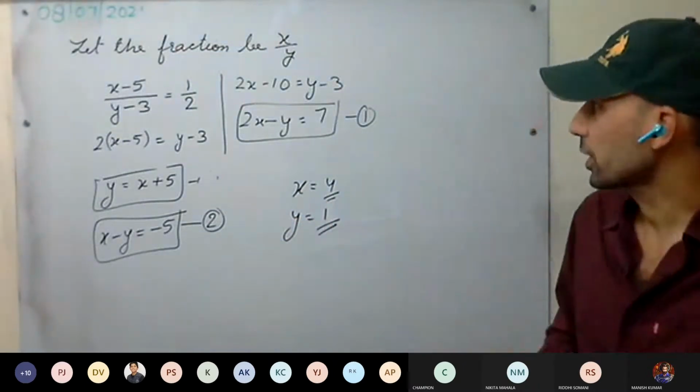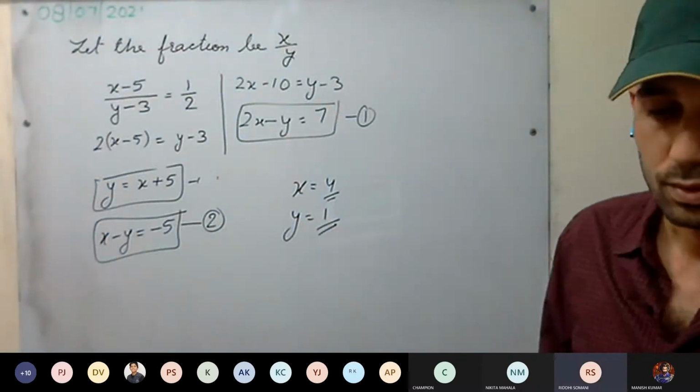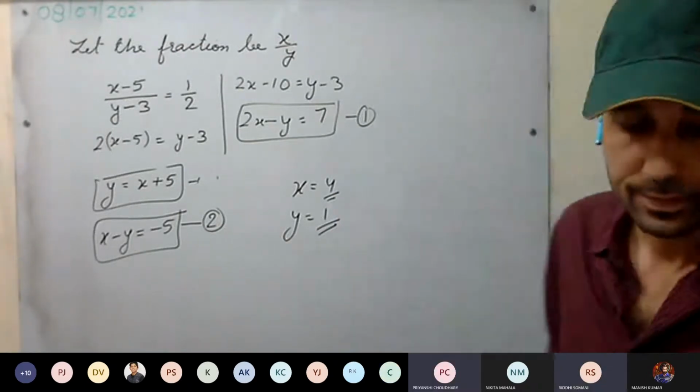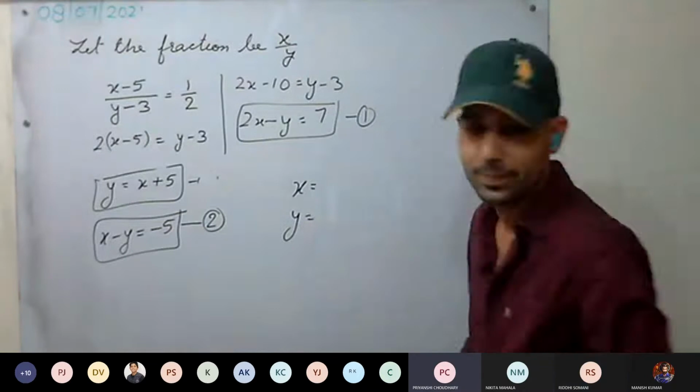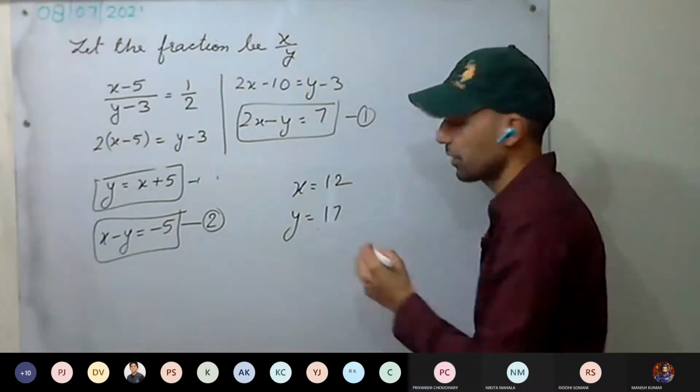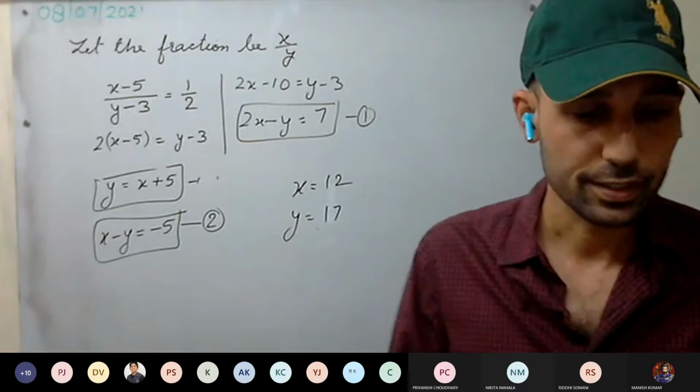So the answer will be the fraction. X is 12 and y is 17, you are getting.